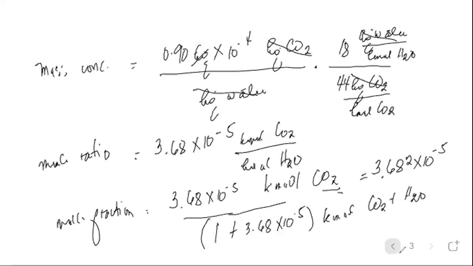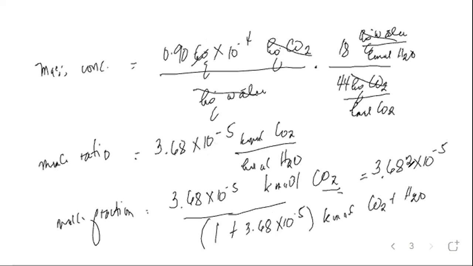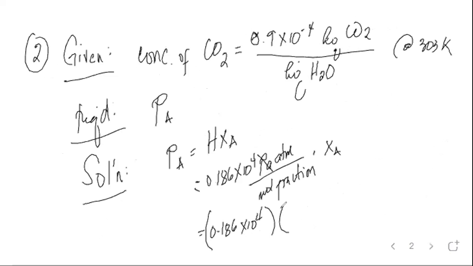So you can go back here and substitute the corresponding mole fraction. So we'll have here 0.186 times 10 raised to 4. And we multiply that to the XA that we have here on the next slide, 3.682 times 10 raised to negative 5.